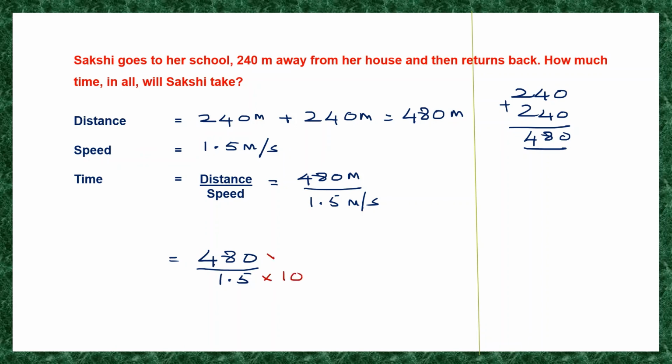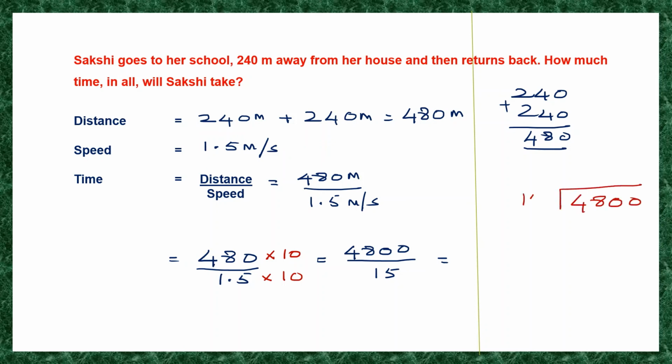So multiply this by 10 and the numerator by 10. So 480 into 10, I'll have to add one more zero. That becomes 4,800. 1.5 into 10 is 15. Now we have to divide 4,800 by 15.